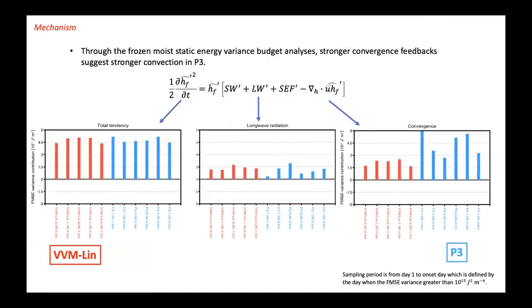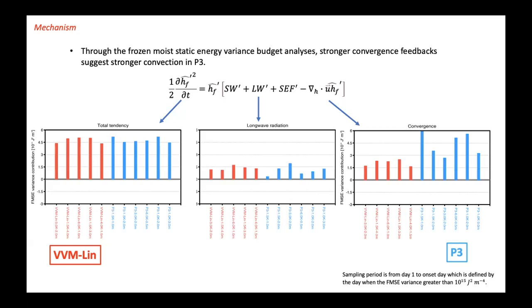So we do the frozen moist static energy variance budget as shown below. The dominant process in the variance budget is the convergence term here. There's a stronger convergence feedback in the P3 microphysics, suggesting that there is stronger convection in P3.